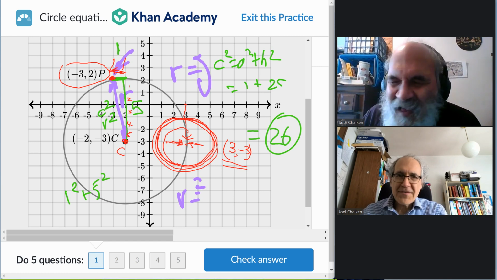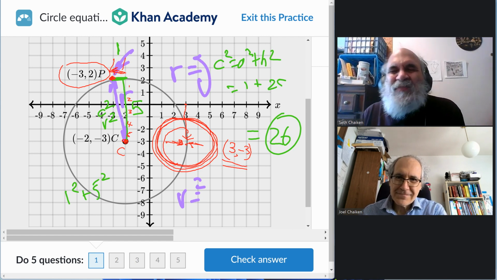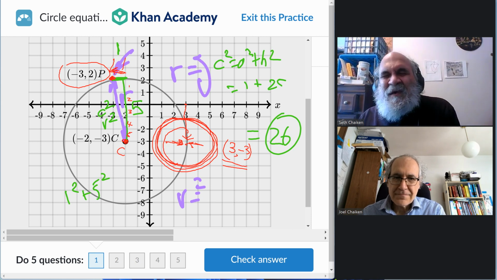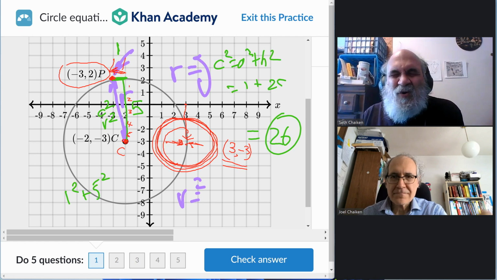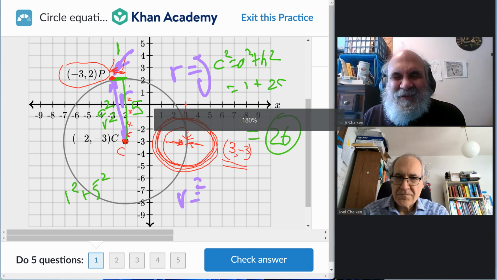And then I noticed that choices A and B had the same provided equations with the same coordinates for the center, but the distinction was 25 versus 26.